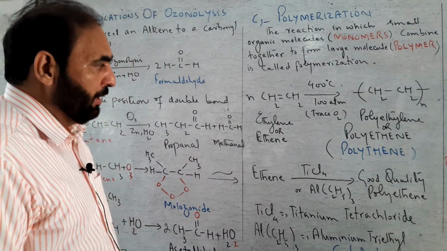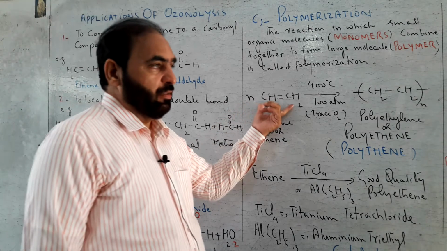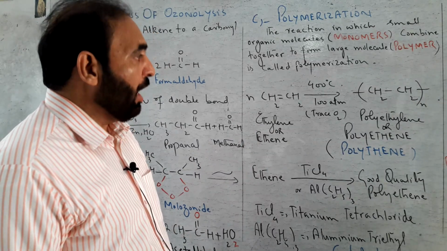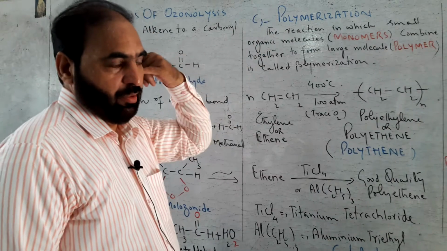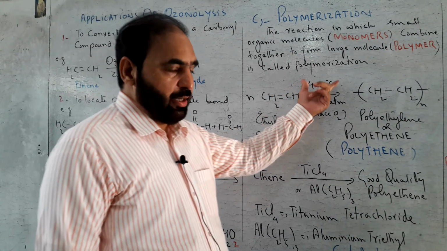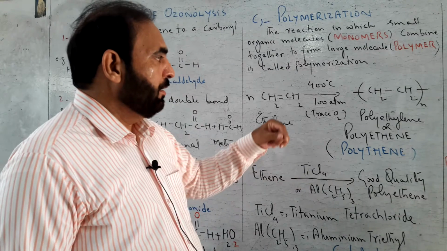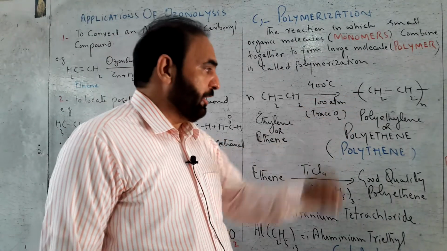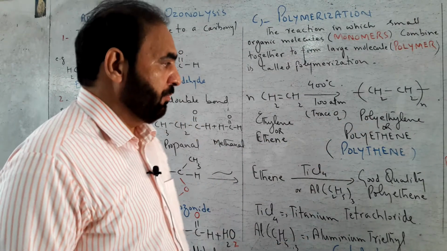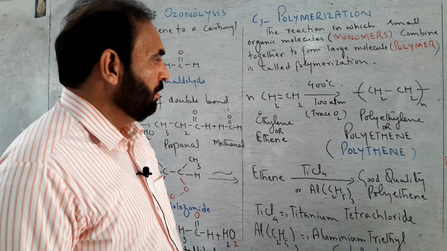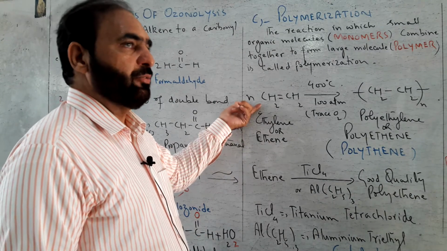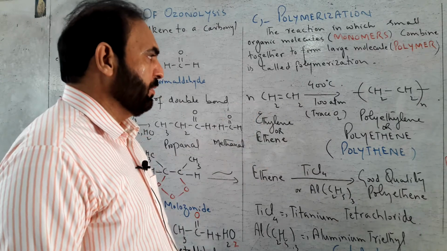In alkene family, ethene or ethylene is a very important member which is passed through polymerization. Ethene polymerizes at 400 degrees centigrade temperature and 100 atmospheric pressure in the presence of a trace amount of oxygen. A large number of ethene molecules, n stands for a large number of molecules.